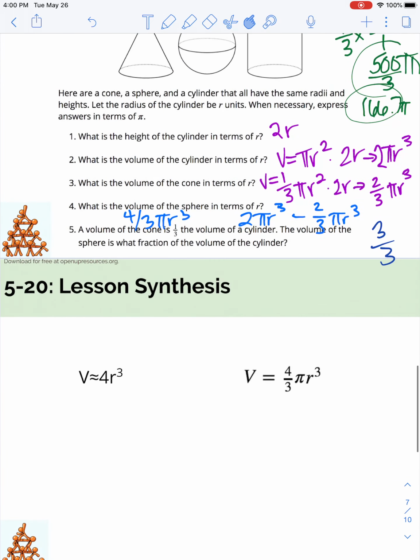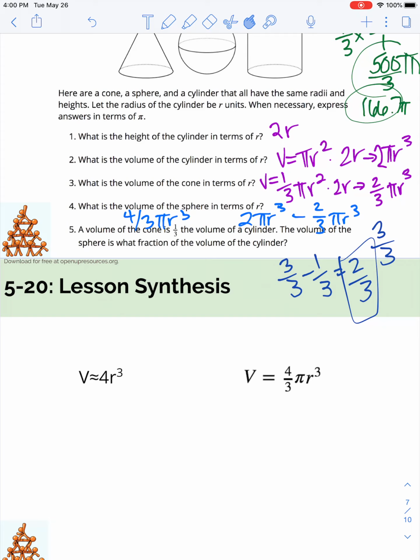So if I want to get 3 over 3 and I have 1 over 3, how many more do I need? What's 3 minus 1? So 3 over 3 minus 1 over 3 is 2 over 3. That means a sphere is 2/3 the volume of a cylinder. I hope that makes sense.